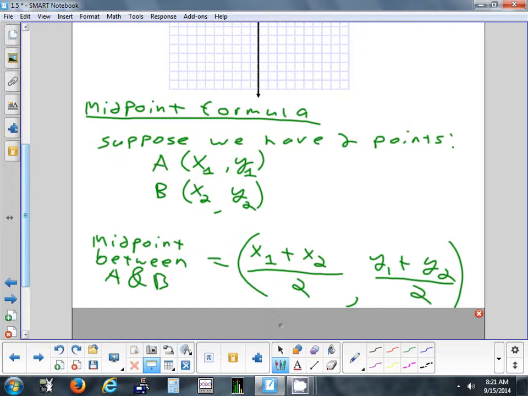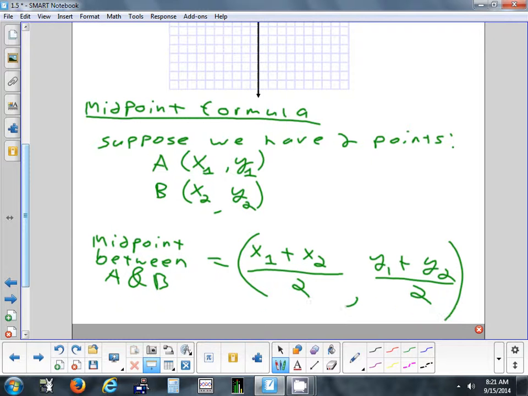Average your x's, average your y's. Okay, in algebra 1, you probably did this formula, and the same with the distance formula. They're usually pretty close together.